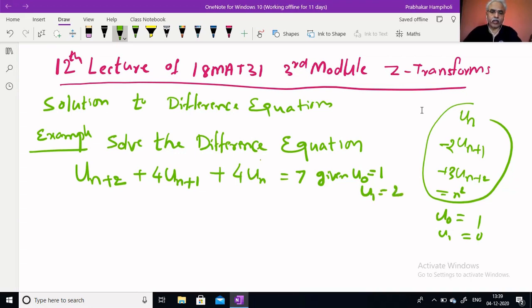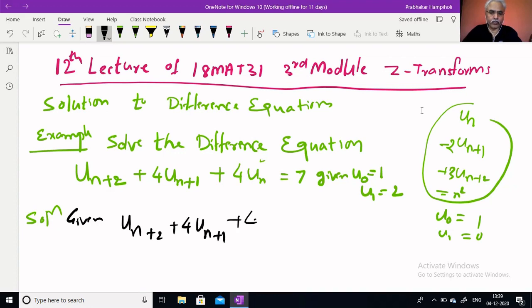Our aim is to find what un is. In the solution, though it may be repetition, I will write: we are given the difference equation un plus 2 plus 4 times un plus 1 plus 4 times un equal to 7 with u0, u1.